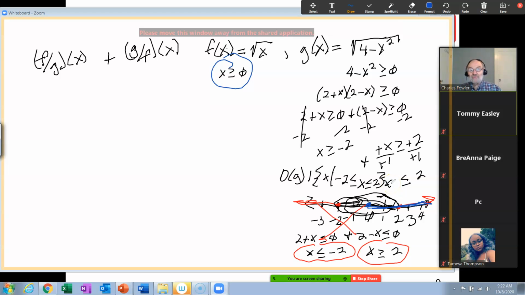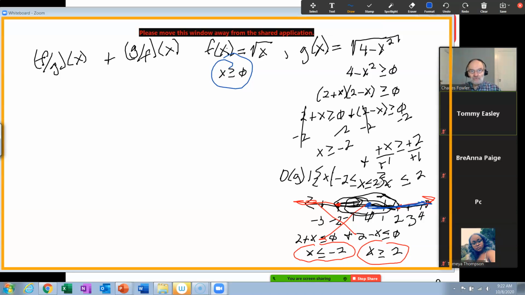So what is your domain when you're combining these functions? This would be if you're adding them, if you're subtracting them, if you're multiplying or dividing them, you have to be limited to 0 to +2. And that's all, folks. So that's where we're going to start.